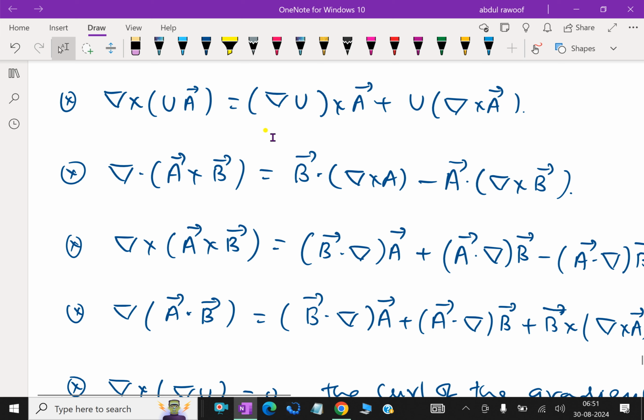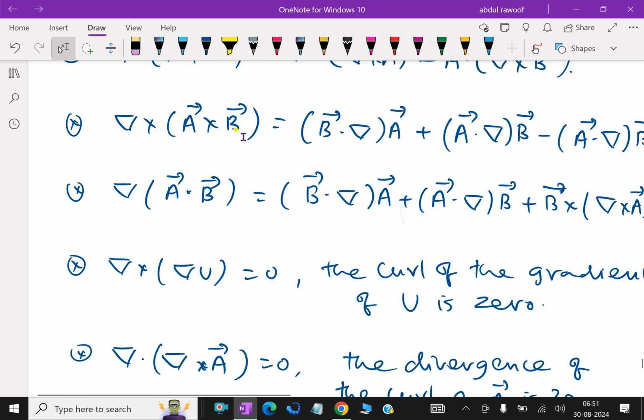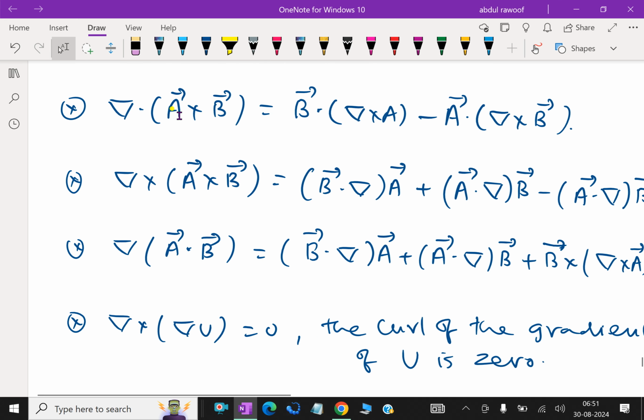Look at this result. Next one, del dot a cross b vector, a vector cross b vector, which is equal to b vector dot del cross a minus a vector dot del cross b vector.